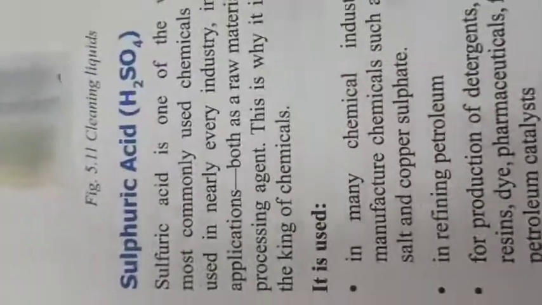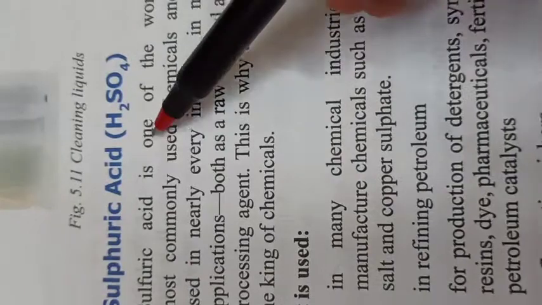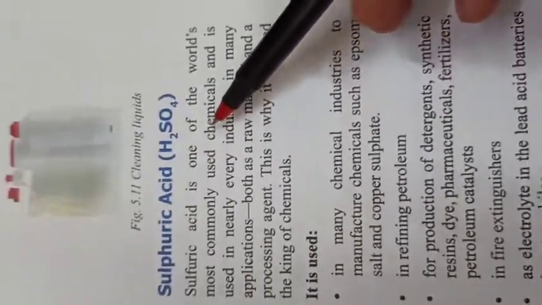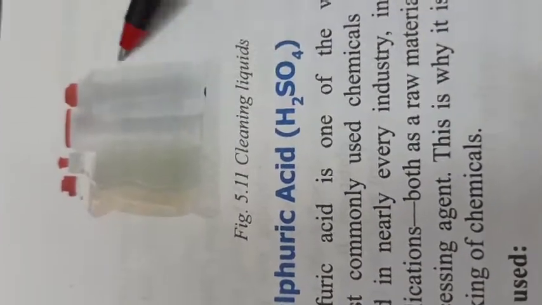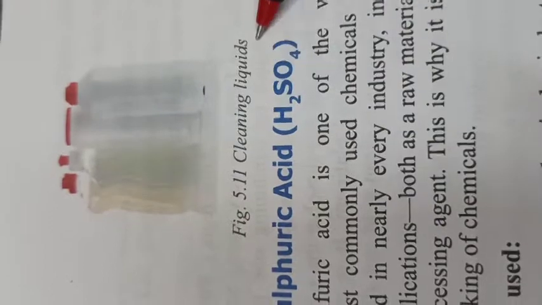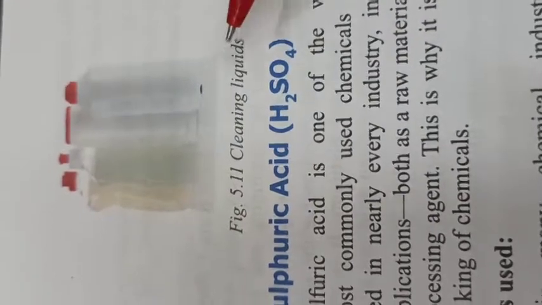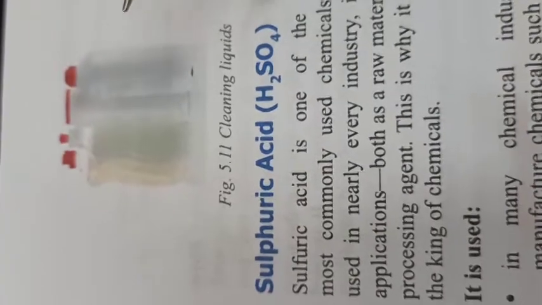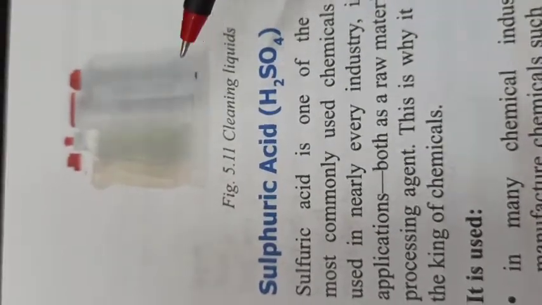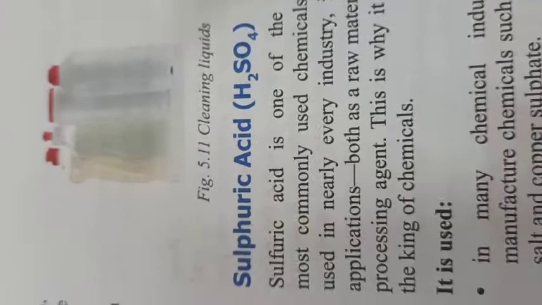So next, children, here they have given about sulfuric acid. And above this you can see these kinds of containers, and here they have written cleaning liquids. Children, many kinds of cleaning liquids also contain some kind of acids, just like hydrochloric acid.